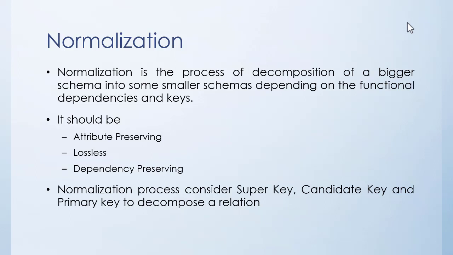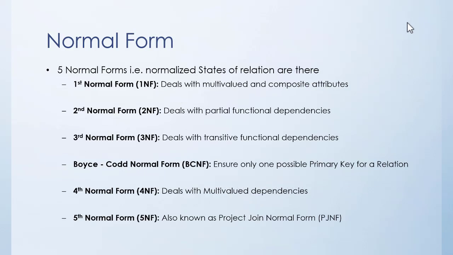No new tuple will be added and no tuple will be discarded from the actual bigger schema. So we have to ensure that schemas are lossless. And dependency preserving means the dependencies present in the bigger schema, the actual schema, should be present in some form in the smaller schemas.